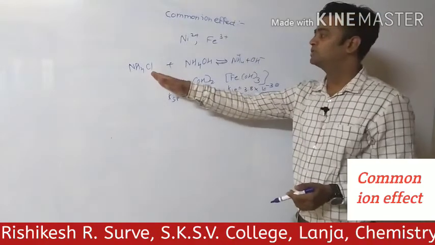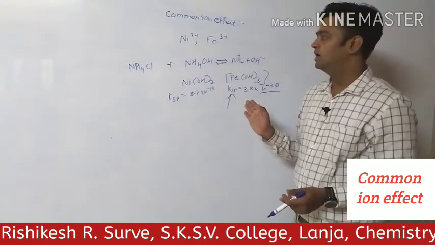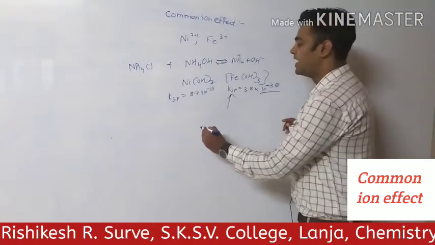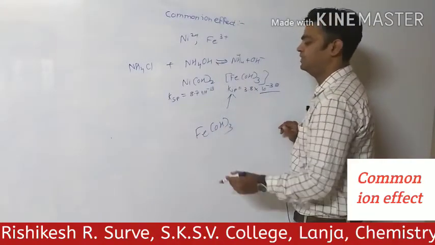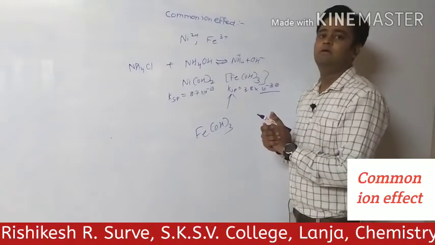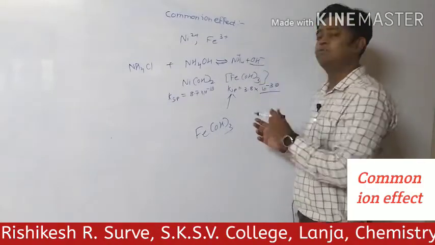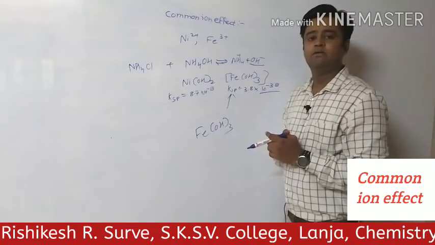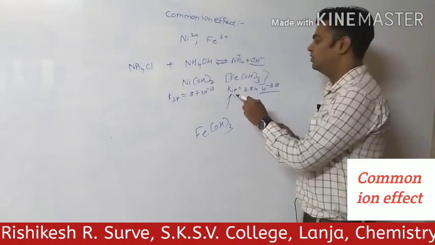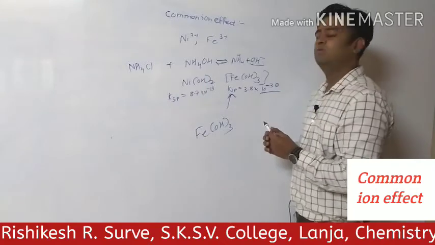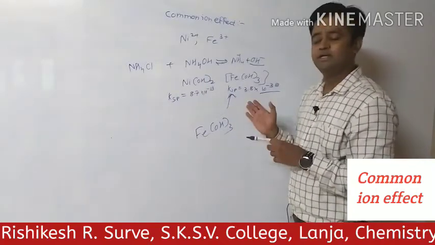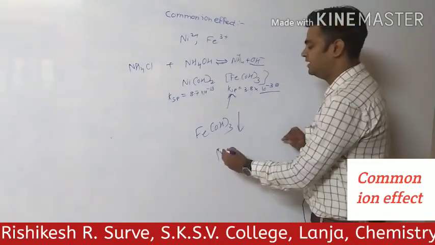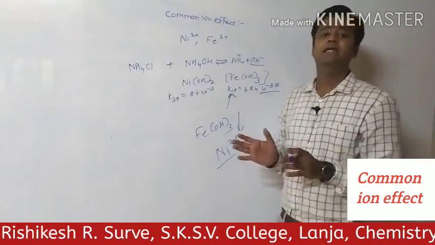Due to addition of NH4Cl in NH4OH, only ferric hydroxide precipitate will get formed, because we have suppressed the concentration of OH minus ion on addition of the strong electrolyte NH4Cl, and hence the Ksp of Fe(OH)3 will only be reached, and Fe(OH)3 will get formed as precipitate, and nickel will remain in the solution form.